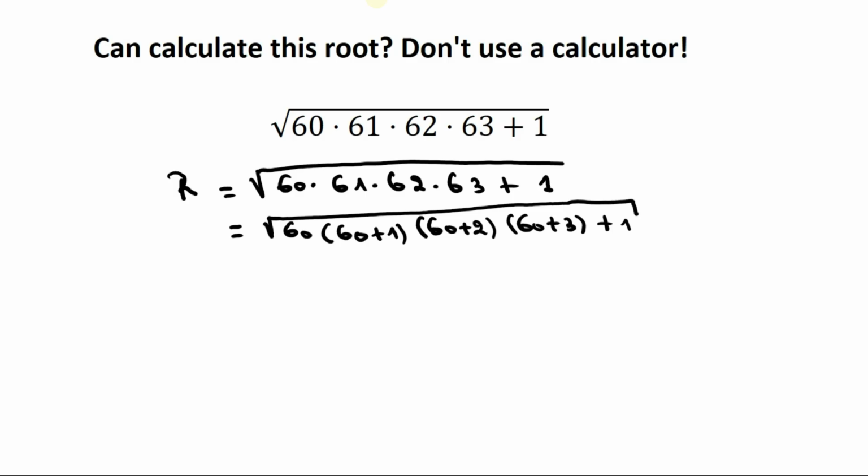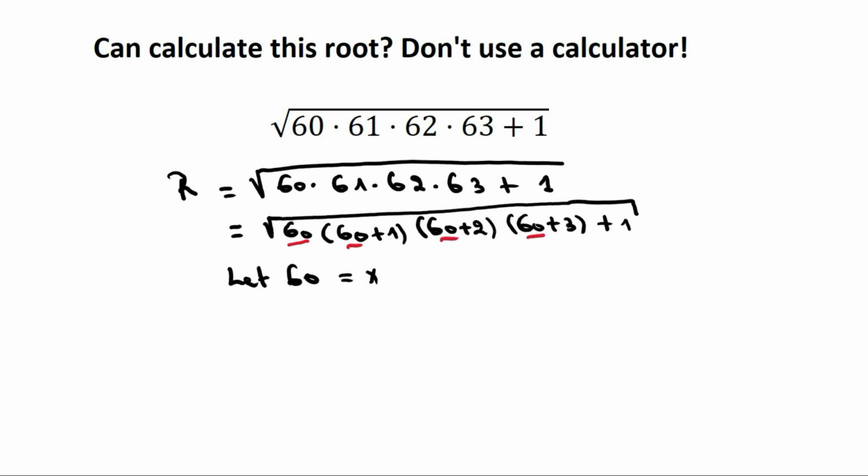At this level, I suppose I rate 60 to be equal to x. If I take 60 to be equal to x, now I will come in my root and substitute x where I have 60.